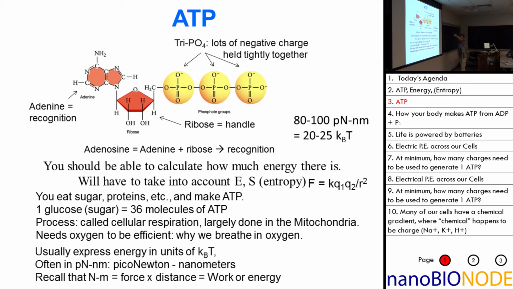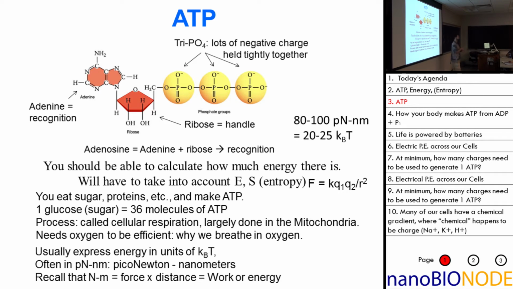By the way, this amount, 20 to 25 kT of energy, is a lot less than a sugar molecule. When you eat a sugar molecule, you transform it into ATP. If you do that with a protein, and you want to get some energy out of it, you convert that into ATP.